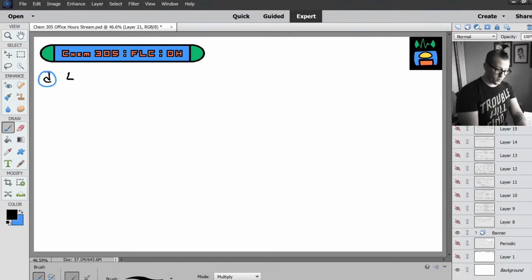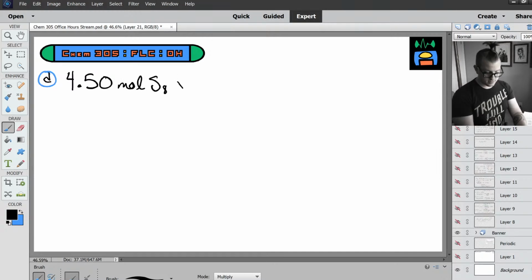Part D, we start with 4.50 moles of S8. All right, well, this one's nice. We're already in moles, but we need to convert from moles of S8 to moles of just sulfur atoms.